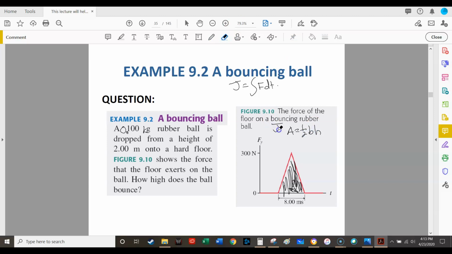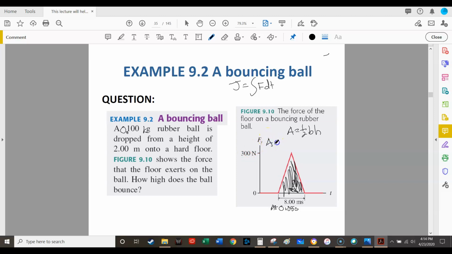Let me erase that J. And note that this is in milliseconds. So 1, 2, so that's 0.08 seconds is that delta T, right? So the base is 0.08. The height is 300, right?